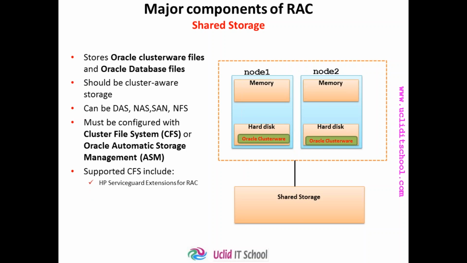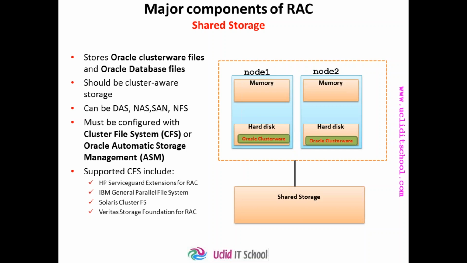HP Serviceguard extensions for RAC. This is a cluster file system from HP. Then IBM has a cluster file system called GPFS, General Parallel File System, supported for RAC. Solaris cluster file system, supported for RAC. Veritas Storage Foundation for RAC. These are all certified for Oracle RAC, and they all require a separate license.